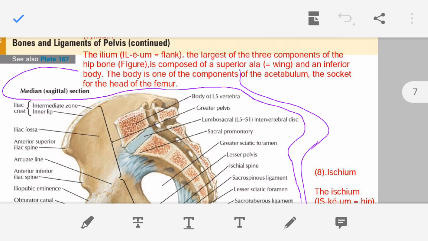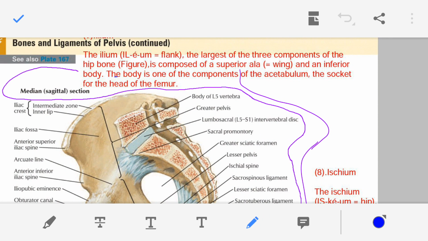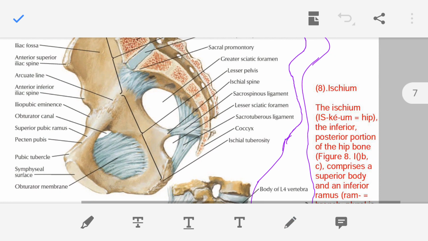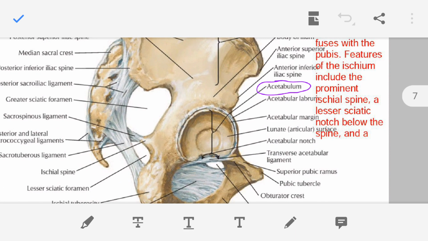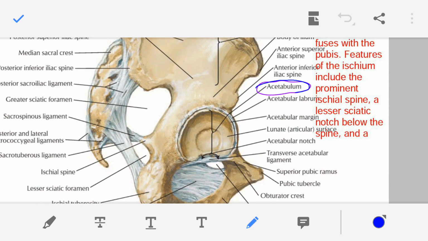Now what is the body doing? The body is one of the components of the acetabulum, and this acetabulum receives the head of the femur bone, that is the thigh bone. I am showing you this. For example, over here, as you can see, the acetabulum. You follow this arrow. So this is the acetabulum.